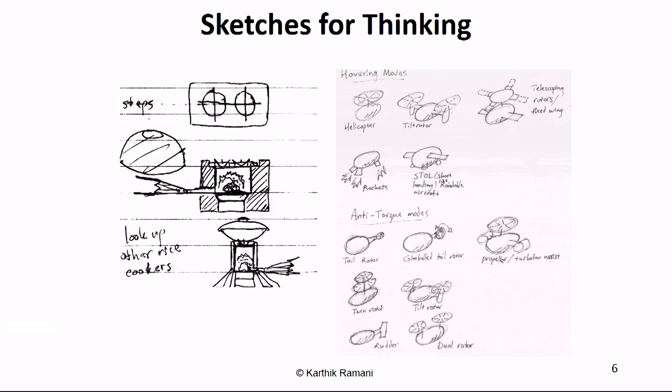Sketches can also be for thinking. Like in the left, there is ideation for some kind of a rice cooker. Perhaps it's a more environmentally friendly rice cooker. And on the right side, you see the sketch being used for ideation purposes. For instance, there's a sketch of an aircraft, a tilt rotor aircraft, but it doesn't have to look like one exactly. It's just that circle up here that conveys what it is.